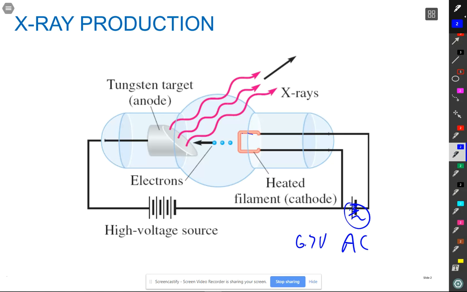You all knew this for exam number 1 this semester. The long side is always the positive side. And so that means this is positive, this is negative. Electrons with their negative charge are going to be accelerated across.